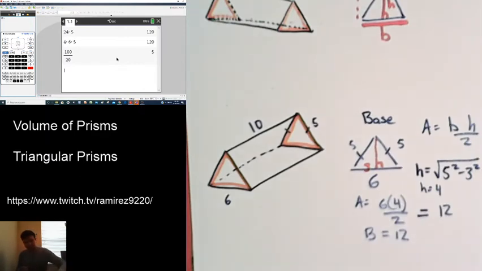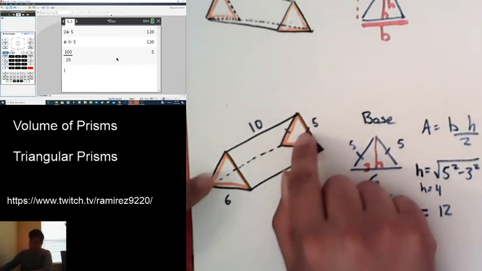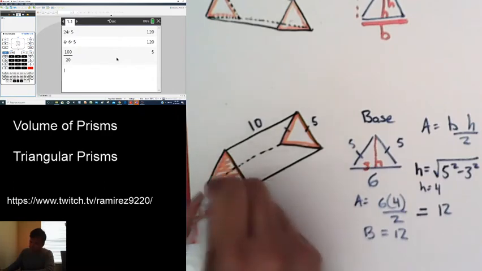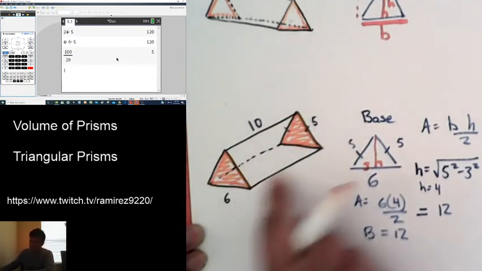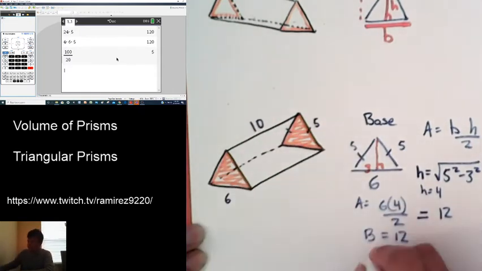Next up, we need to find the height of the overall prism. The height of the overall prism is basically going to be found by the distance between the two bases. So one thing you could do is find your bases and find a line connecting them. Boom, that's your height. My height overall of my prism is 10.